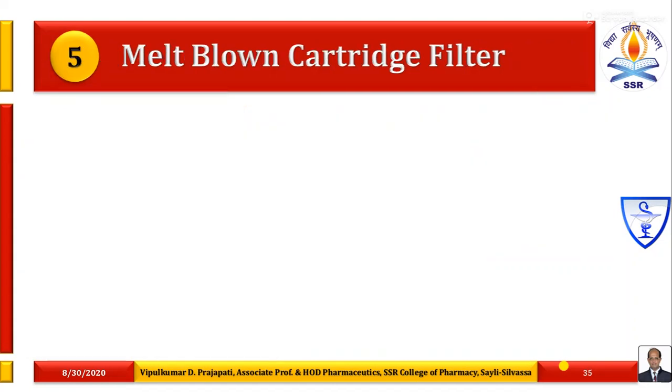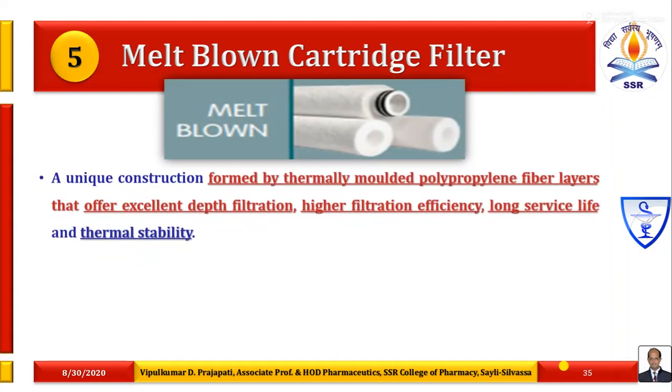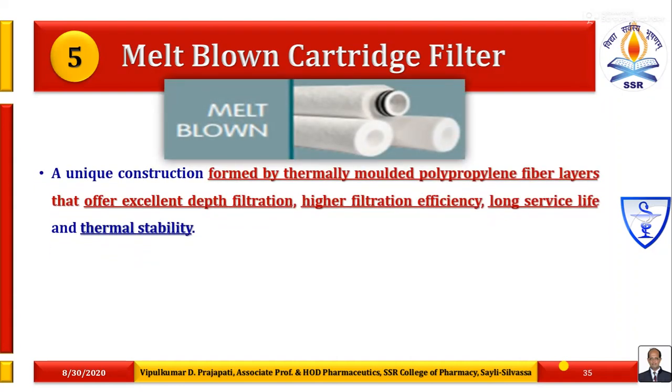Fifth type of cartridge filter, that is melt blown cartridge filter. A unique construction formed by thermally molded polypropylene fiber layers that offer excellent depth filtration. So this is also a type of depth filter cartridge filter, having higher filtration efficiency, long service life, and thermal stability.